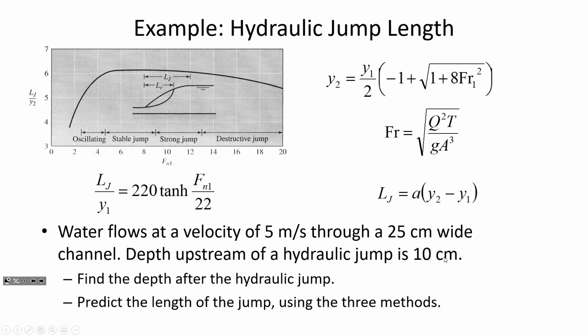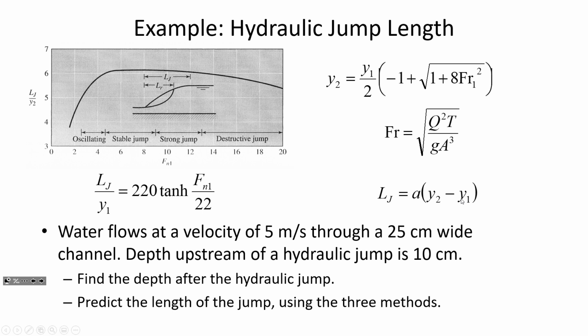So just to get some practice with how to use the nomograph, the hyperbolic function, and the other jump length formula, let's take a look at this case where the water is flowing at a velocity of 5 meters per second.